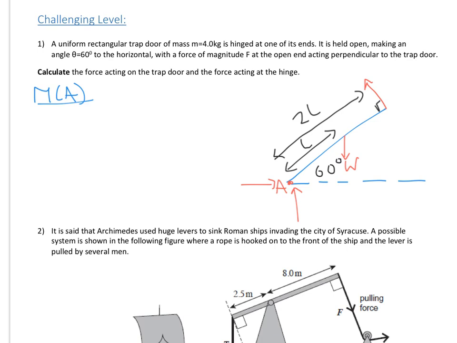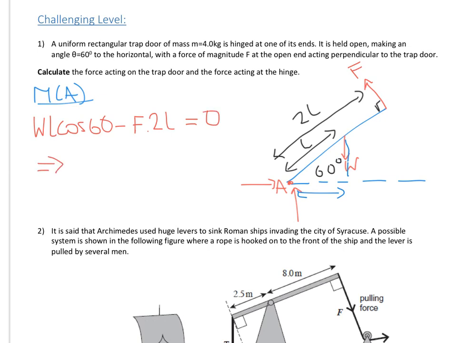And what we have is, going round clockwise, WL cosine 60. So if you want to dot in your triangle there, we want this distance here, because that's the distance perpendicular. That's the adjacent side, so it would be L cosine 60. And then in the opposite direction, we have the force F times by 2L, because that's the distance perpendicular.